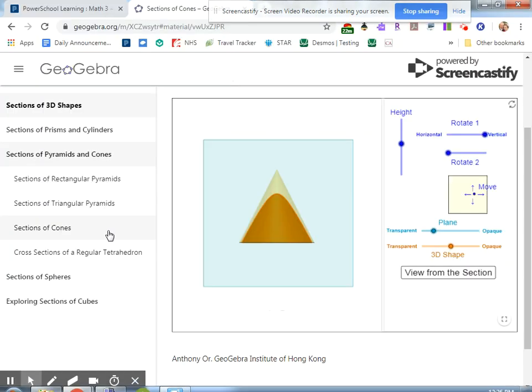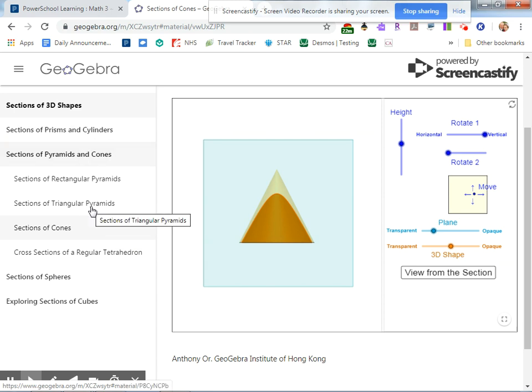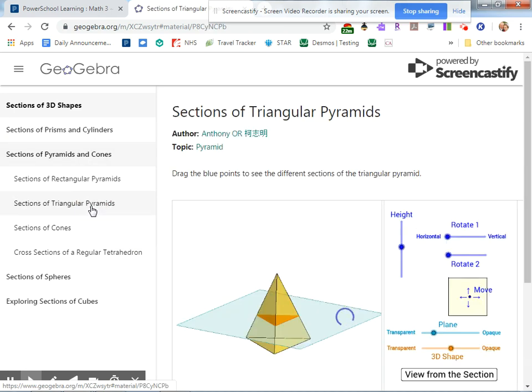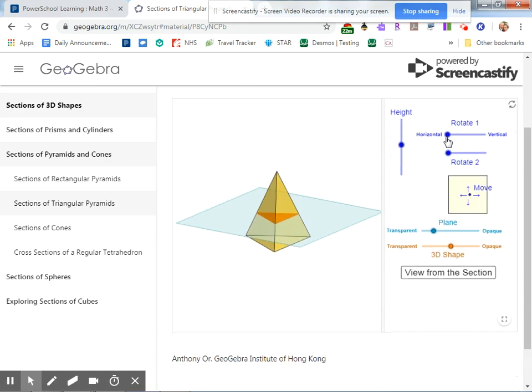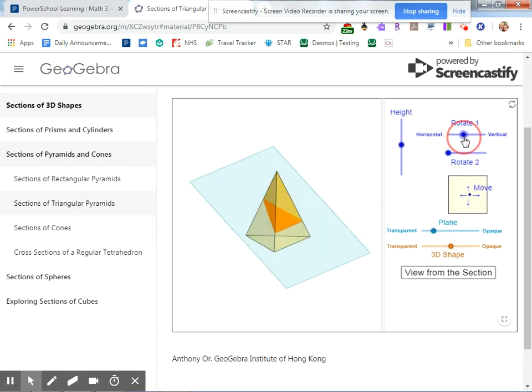I do want to show you one thing. I don't have a question about this, but let's look at a pyramid for a second. What if we go halfway in between horizontal and vertical? I'm not parallel, I'm not perpendicular, I'm kind of in between. And what if I turn it around right here?